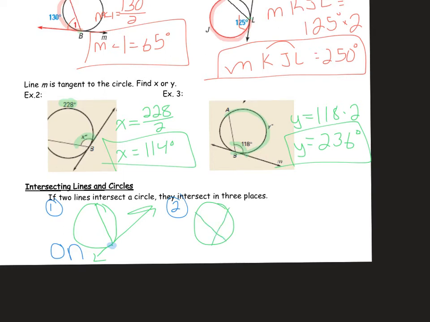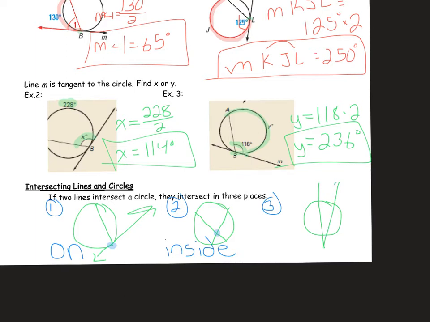Option number 2 for where these could be intersecting is they could be intersecting inside the circle. So here I have 2 chords, and the intersection is highlighted right there. That takes place inside the circle. So we'll get to what happens when they intersect inside the circle in a minute. The third place that they could intersect is outside.